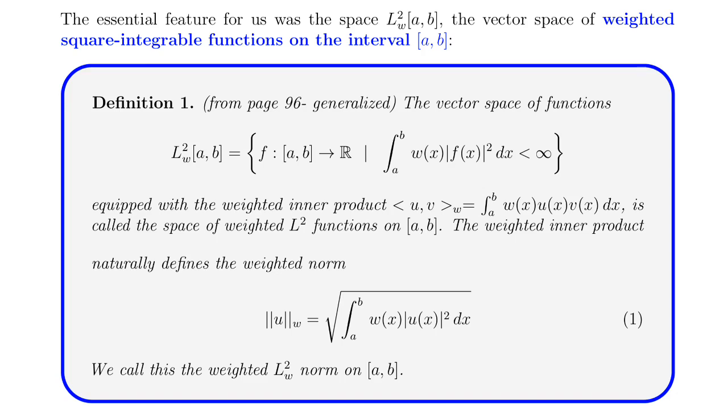It's based on the weighted inner product given here in the definition, and we call it the space of weighted L2 functions on the interval AB. The weighted inner product naturally defines the weighted norm that we also refer to, and we call this the weighted L2 norm on the interval AB.